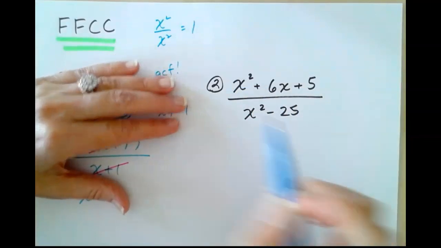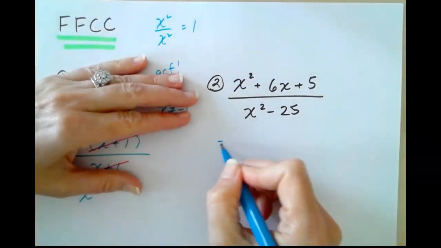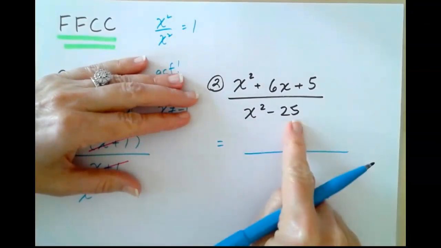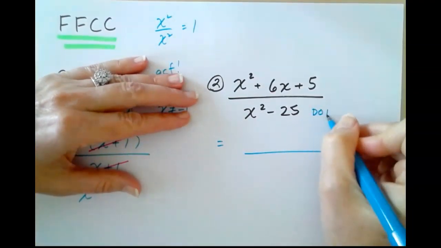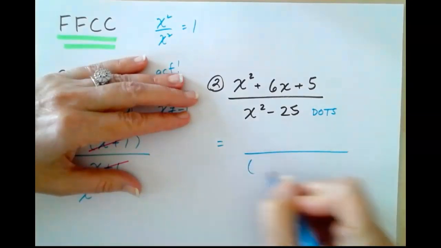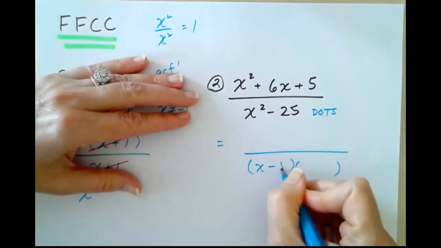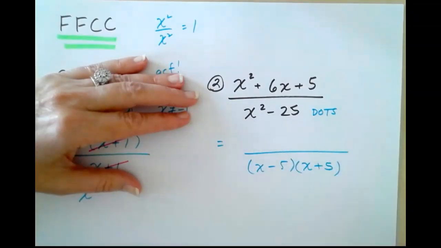Number 2, FFCC. Factor first, then go cancel crazy. So the denominator is probably the easiest part here. The denominator is the DOTS, the difference of 2 squares. Conjugate expressions of the square roots: x minus 5, x plus 5.